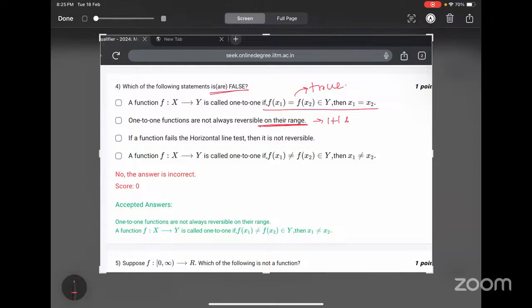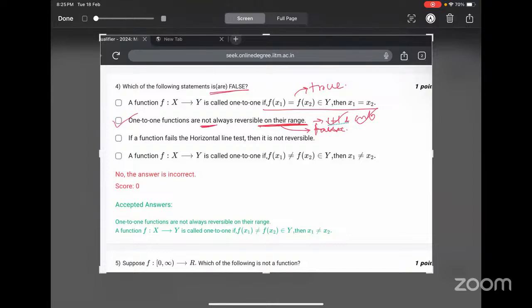So one-to-one is given, and because it is on the range, it will automatically be onto. So the statement "one-to-one functions are always reversible on their range" is a true statement. I mean, the given statement is false, because of the "not" that is given. Because of the "not," this is a false statement.